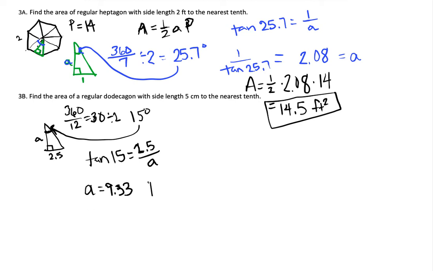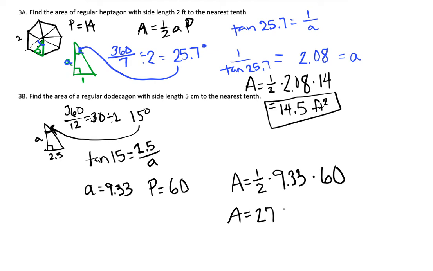And then I need to find my perimeter, which is 5 times 12, so my perimeter is 60. So I can plug it in. Area equals 1/2 times my apothem of 9.33 times my perimeter of 60, and I'm going to throw that into my calculator, and I get about 279.9. And whatever that label was, centimeters squared.